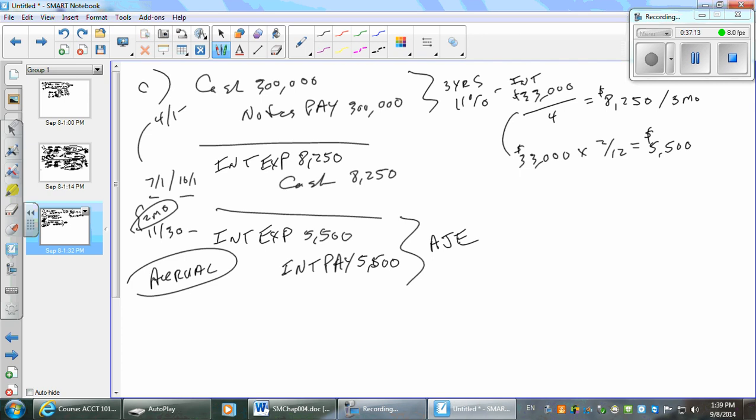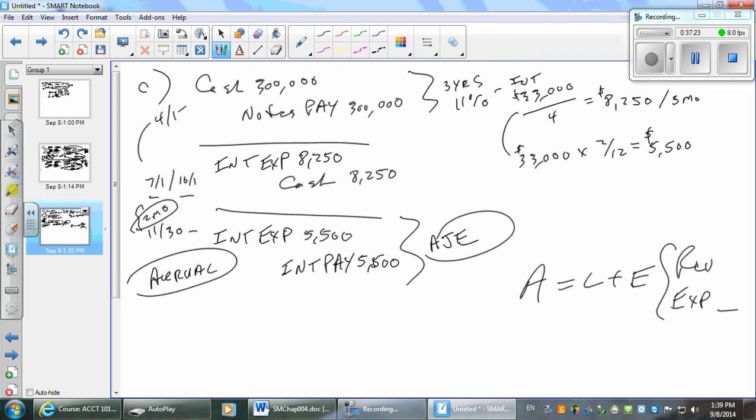Okay, so what would be the impact of this adjusting journal entry on the balance sheet and income statement? Here we go. If I accrue this, what's going to happen? If I accrue more expense, I have more expense, don't I? Didn't that increase expenses? Yes. Didn't that increase liabilities? Yes. What happened to assets? Nothing. What happened to equity?